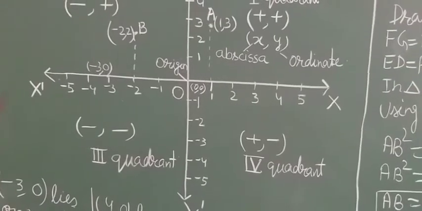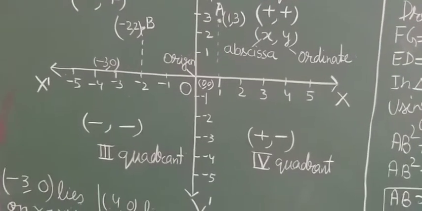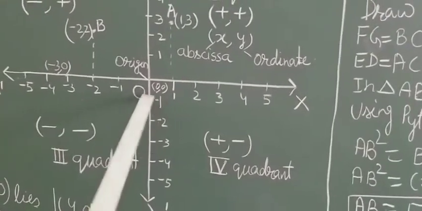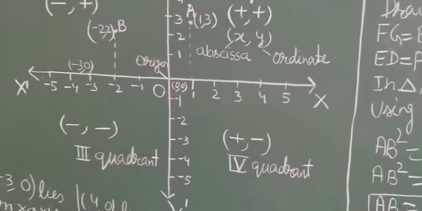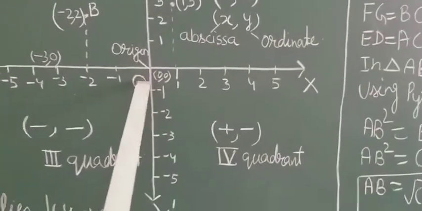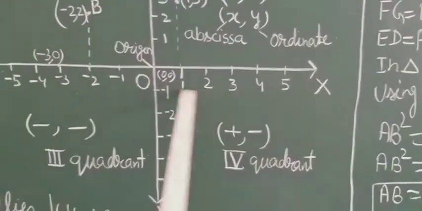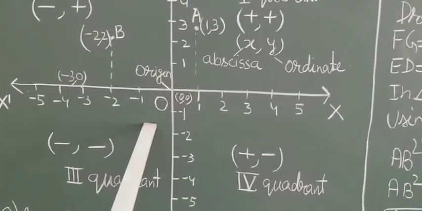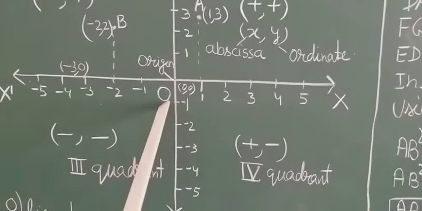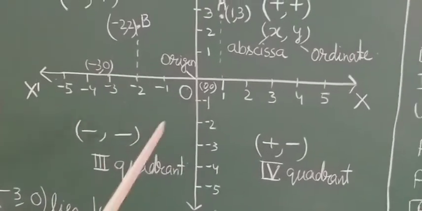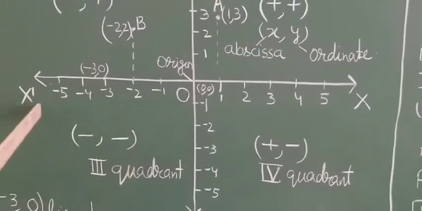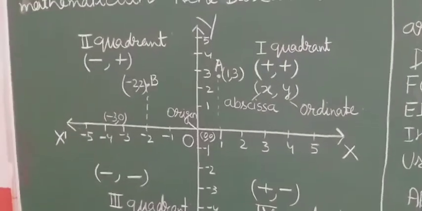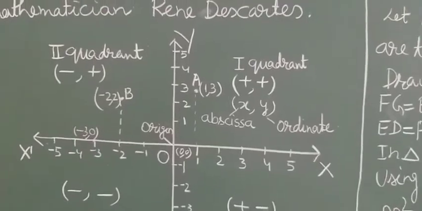Okay students, we can put the values which are positive towards the right-hand side of the origin on the x-axis, and negative values we are going to put on the left-hand side of the origin, as we do on the number line.